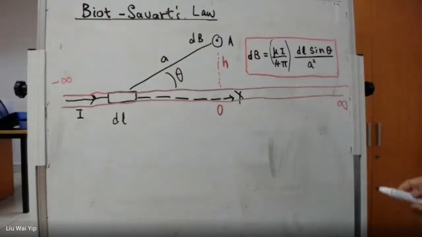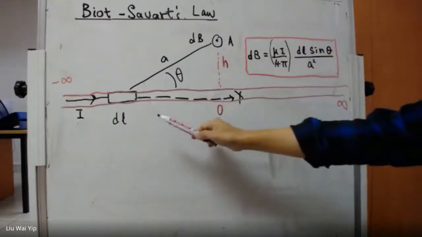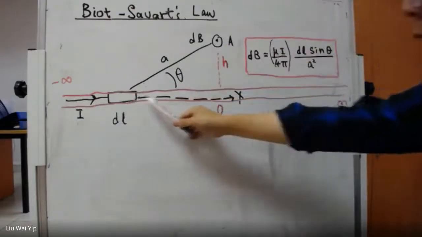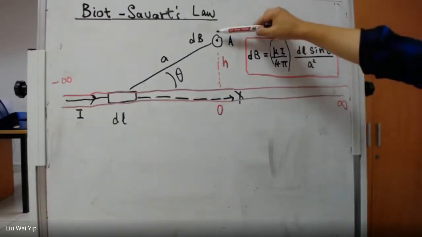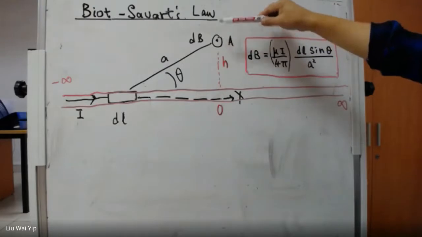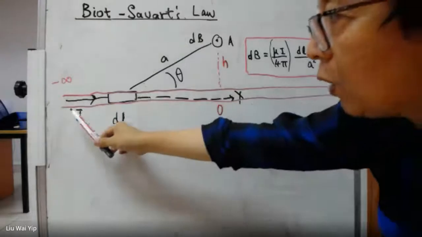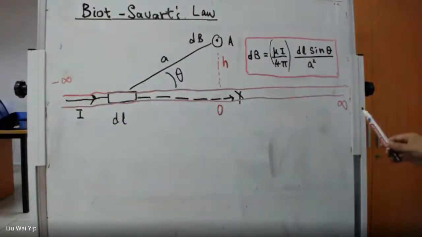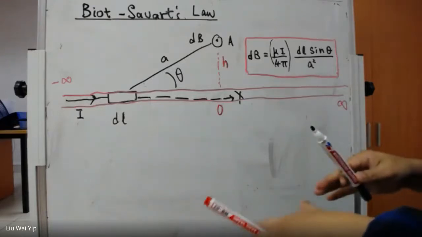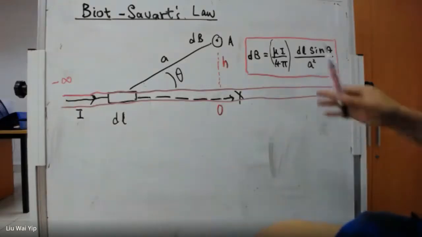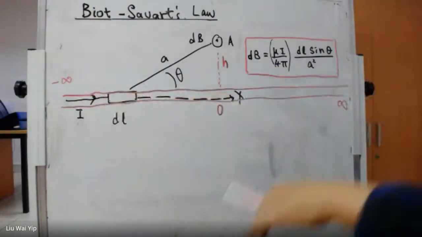Now we are going to find the total magnetic field because of the current running along this wire. So instead of calculating dB only, we are going to calculate B due to the current running along this wire, which is infinitely long and runs from minus infinity to plus infinity.